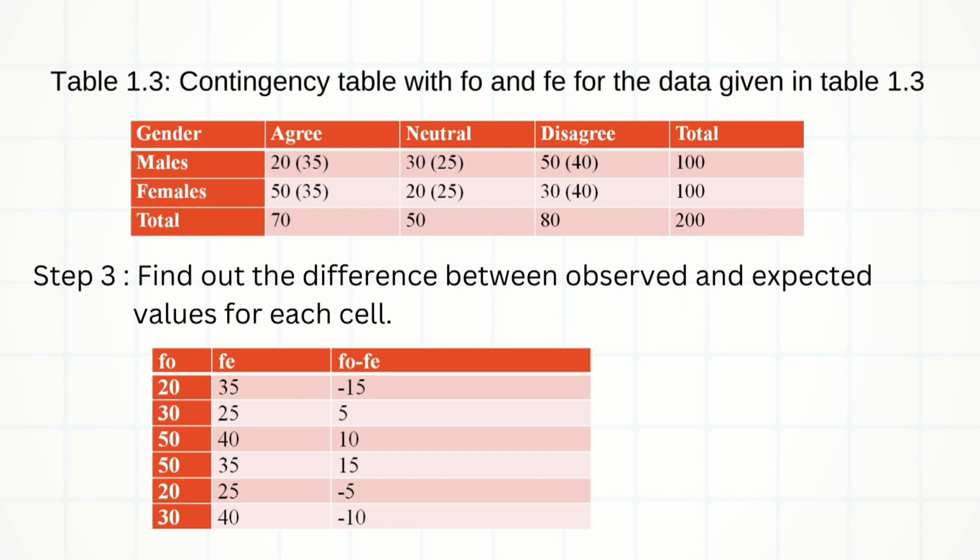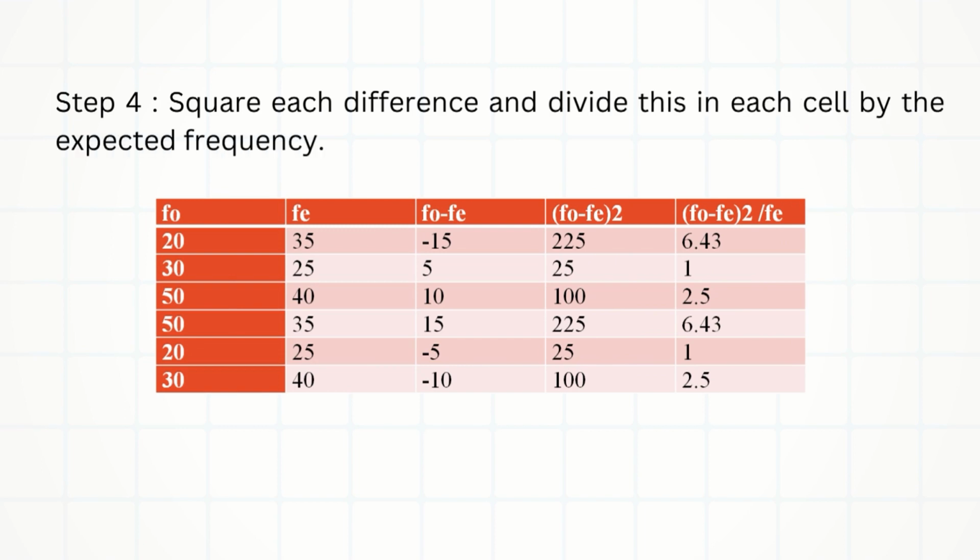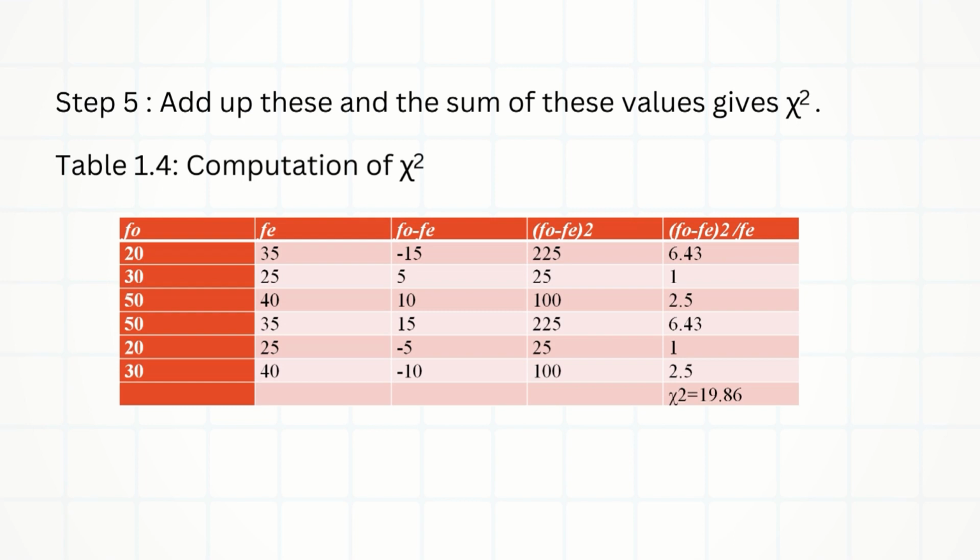Now, in step 4, we have to square each difference and divide it in each cell by the expected frequency, and this would be the value after the division by FE: 6.4, 1, 2.5, 6.43, 1 and 2.5. Now, in step number 5 we have to add up these, and the sum of these values gives the chi square value, which after summation would be 19.86.